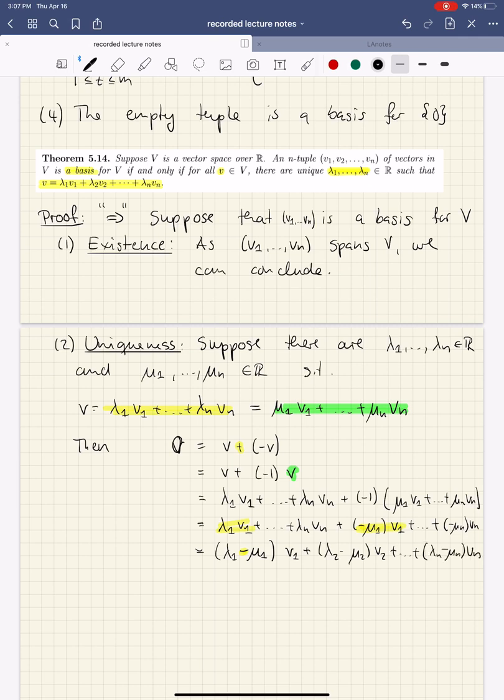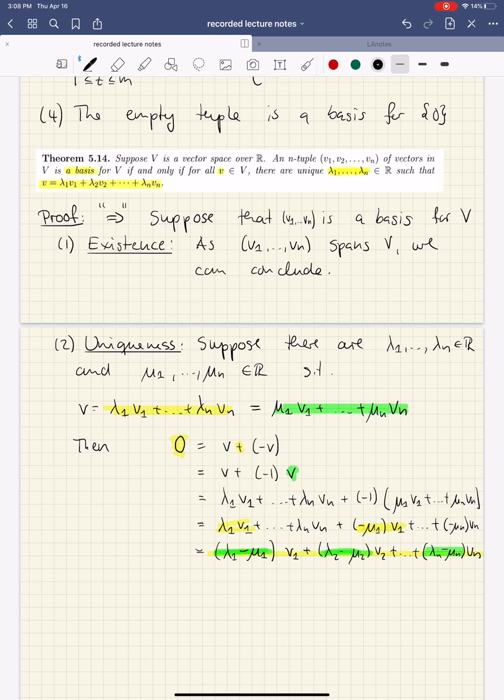Okay, great. We got to this point, and now we want to use that the tuple is linearly independent. That means if I have such an equation, and let me rewrite the 0 because it's very ugly, so I have this linear combination of v1 through vn equal to 0. Well, since that tuple is linearly independent, the only way that can happen is if all of these coefficients have to be 0.